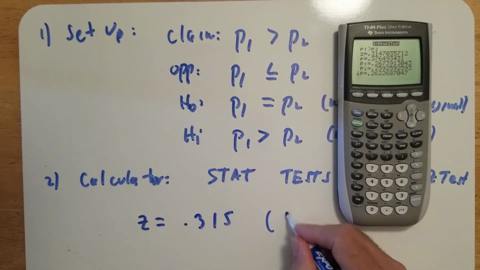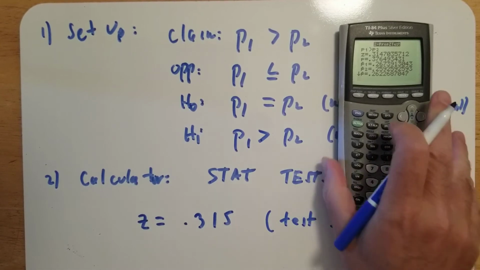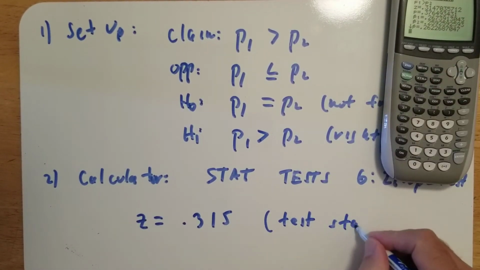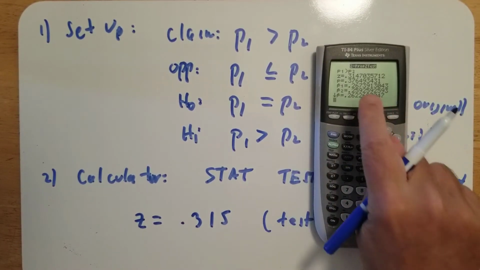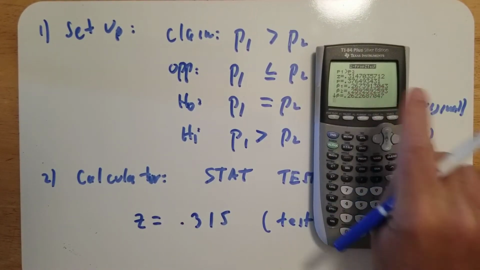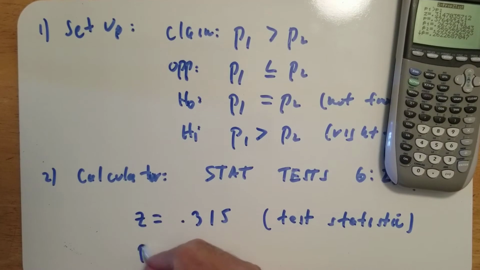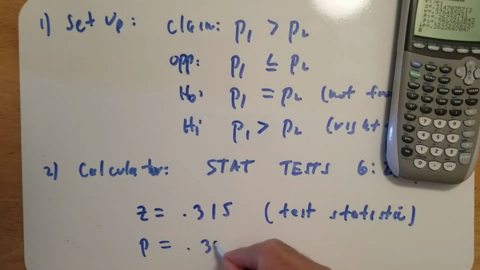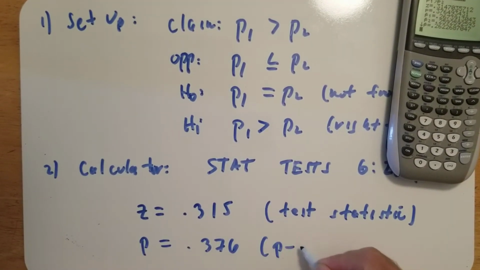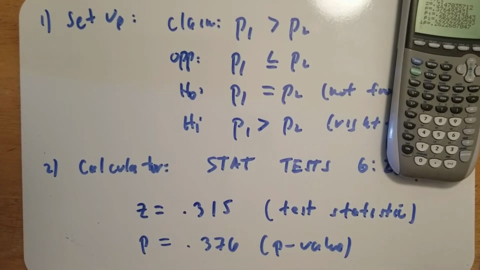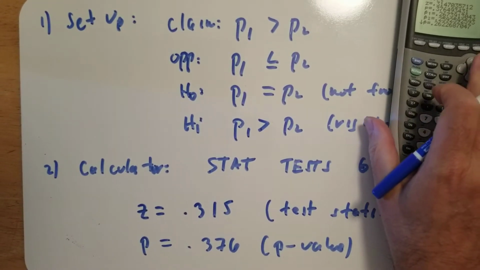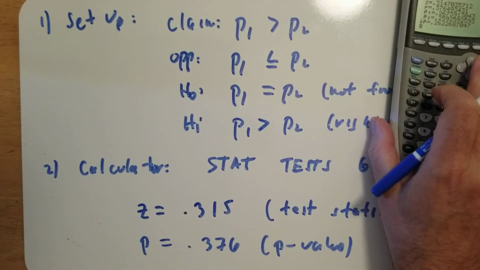This is what is called the test statistic. The homework will ask you for that. And then the all-important p-value, about 0.376. This is the p-value that we're going to use to compare with the significance of the test, 0.05, and draw our conclusion.